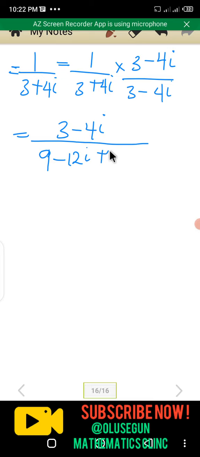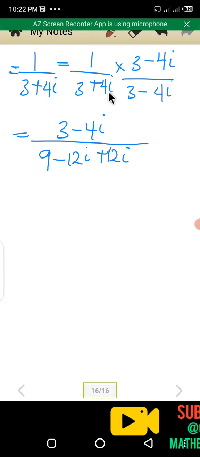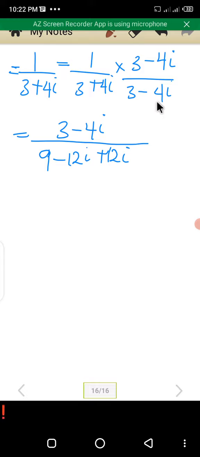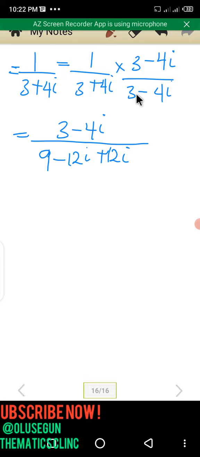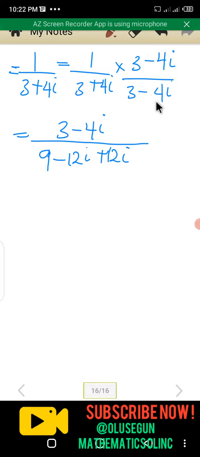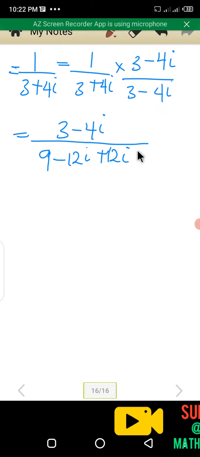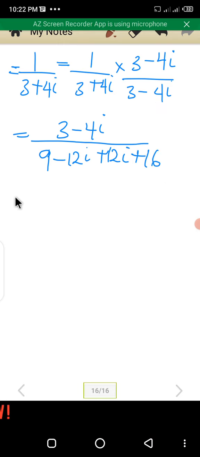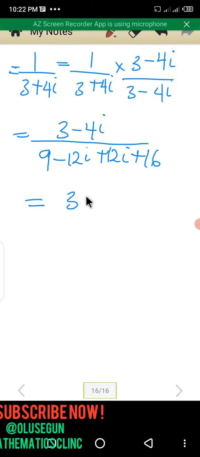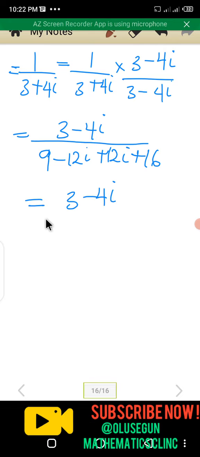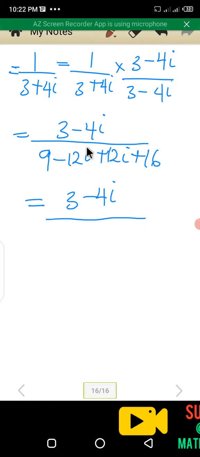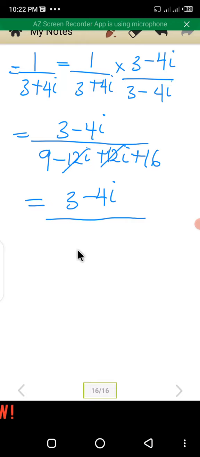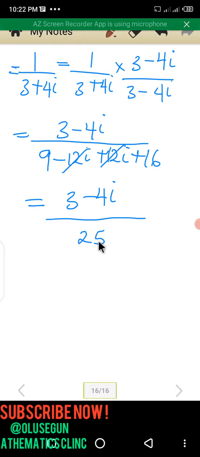Plus 12i. So i times i will be minus 1 already. 4 times 4 gives minus 16, so it will be plus 16. So the final answer will be 3 minus 4i all over, this cancels this, it will be 25.